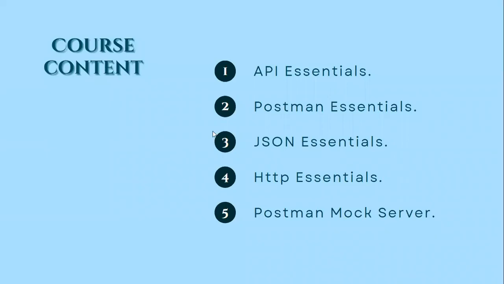In the Postman tool, what modules or features are available, and by using those features, how we need to validate an API, send a request, get back the response, and utilize the tool to work with REST APIs. All of this will be covered in Postman. Completely about the tool, we are learning in the next part.